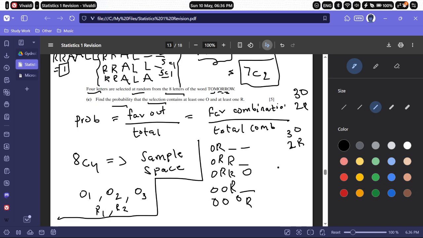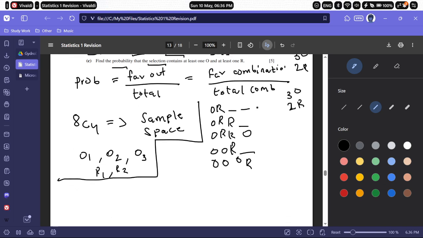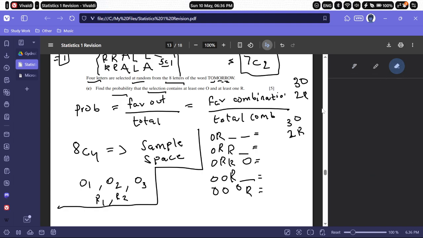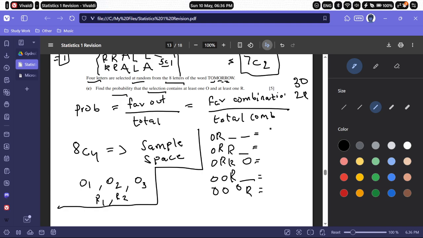Now, remember the fact that you treat them as separate letters. I'll just do the working here. Now you have three O's. Out of three O's, you're selecting one, 3C1 into 2C1, and then in this, you would think about the remaining letters apart from O and R. So O and R add up to five letters.